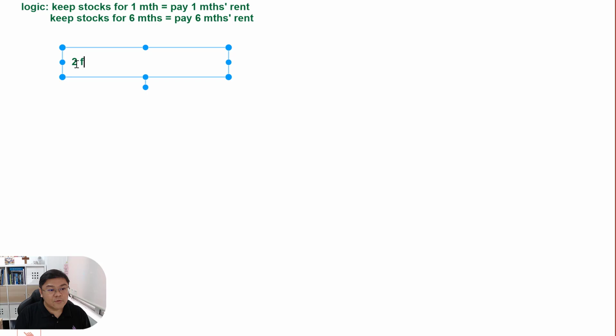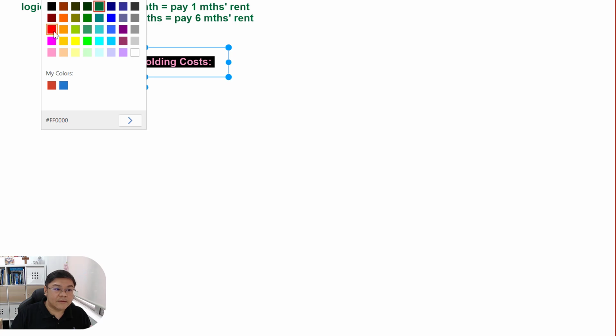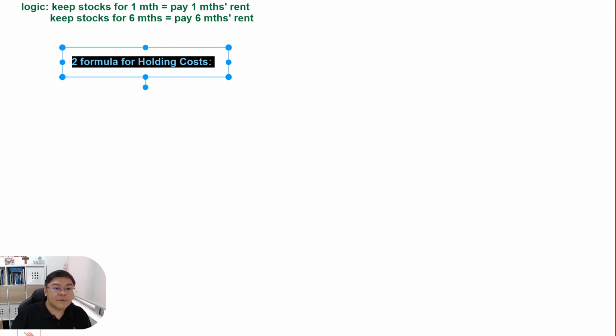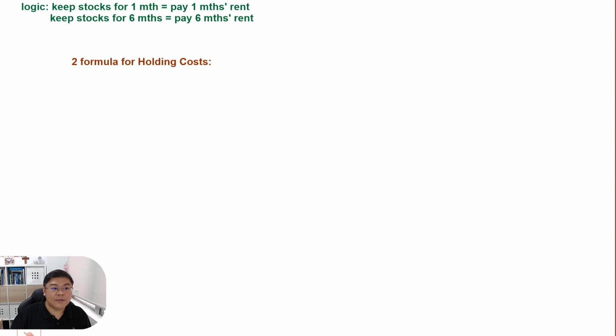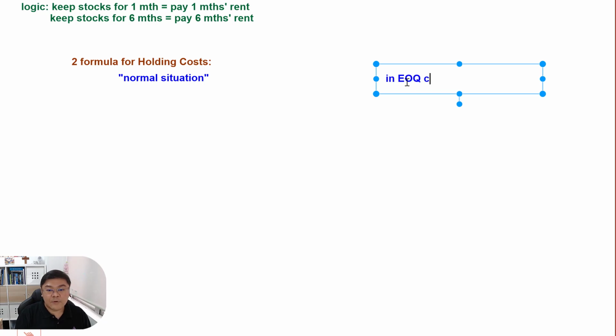Now, there are actually two formulas for holding costs. Why do I say there are two formulas for holding costs? One is the formula that we use in a normal situation. Then the other one is the formula that we use in our EOQ calculation, the EOQ theory.